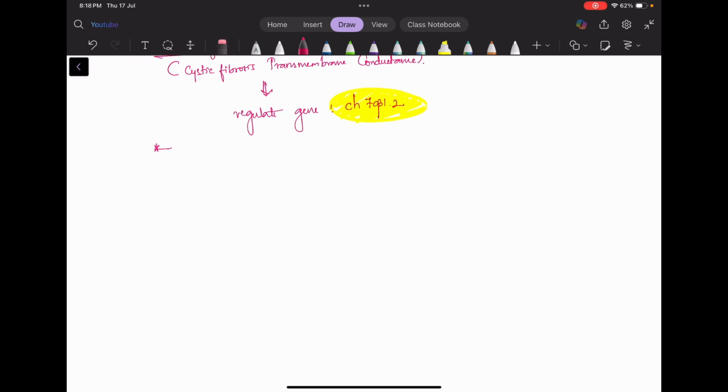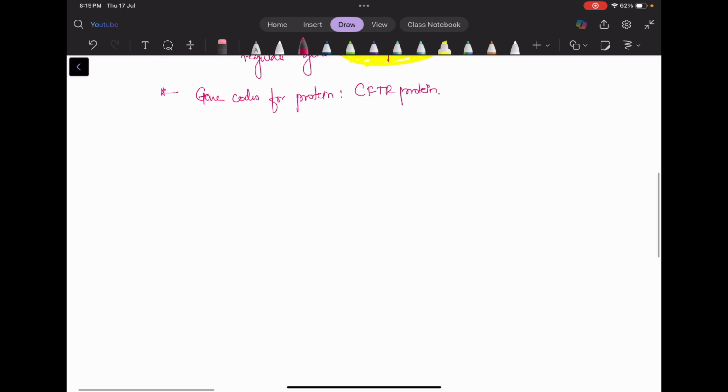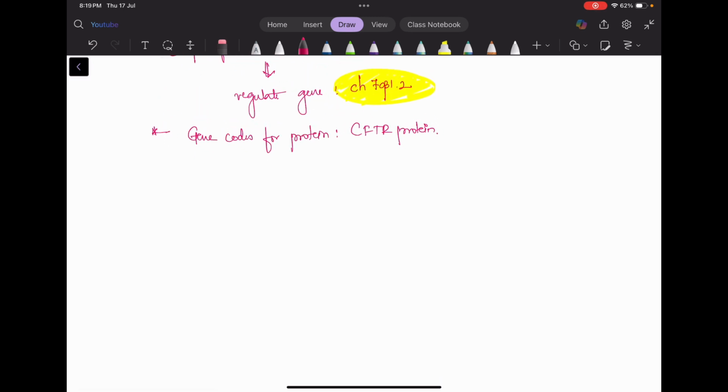Then the gene codes for a protein. It's the CFTR protein. The CFTR protein, for some extra detail, is made of 1480 amino acids.